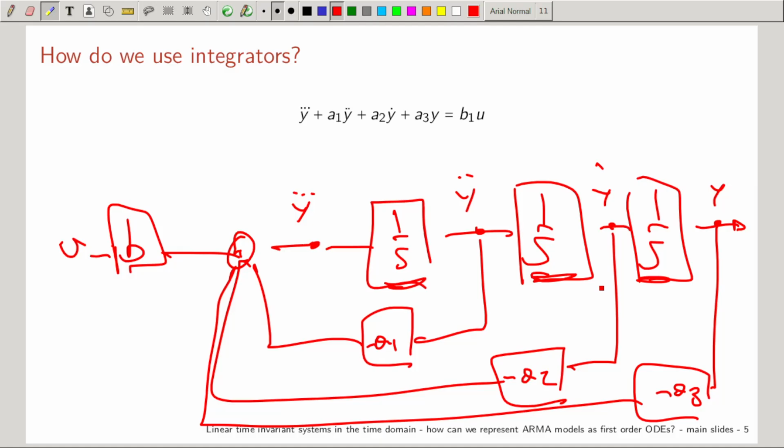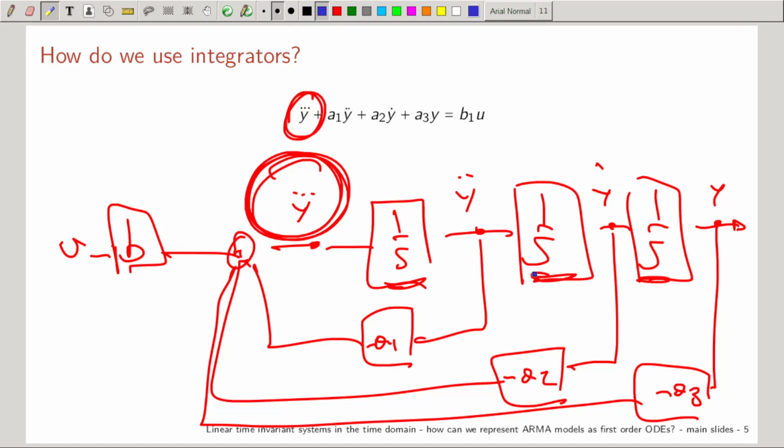A state vector is a set of information that, if I know that plus I know u, I'm able to forecast. True? Are we together on this? A state vector is a set of information that plus u enables me to compute forecasts. To compute a forecast means to compute this one.